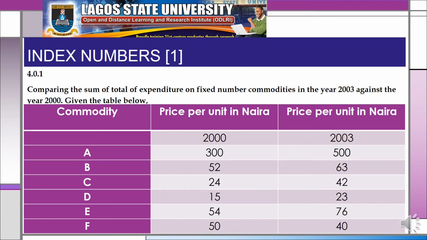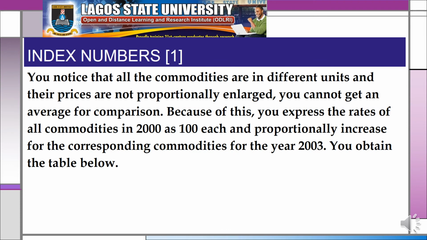Table. You have the following table. Given the following table, you are required to obtain the index. You notice that all the commodities are in different units and their prices are not proportionally enlarged. You cannot get an average for comparison because of this. You express the rate of all commodities in 2000 as 100 each, and proportionally increase the corresponding commodities for the later year.